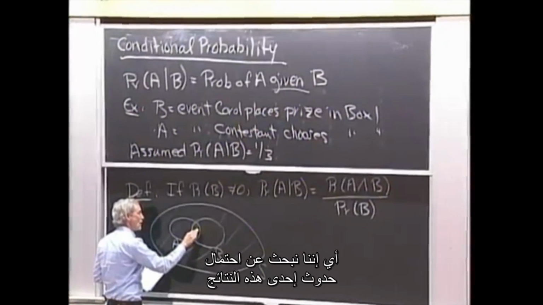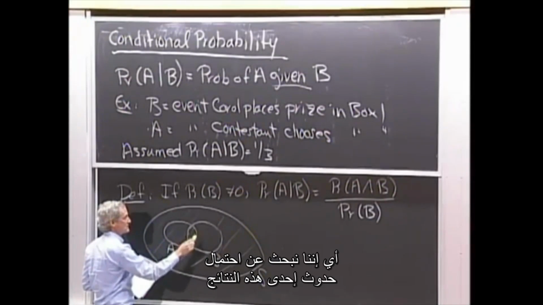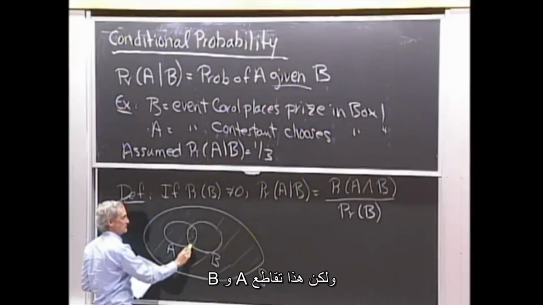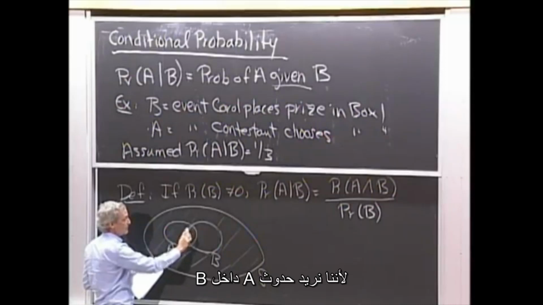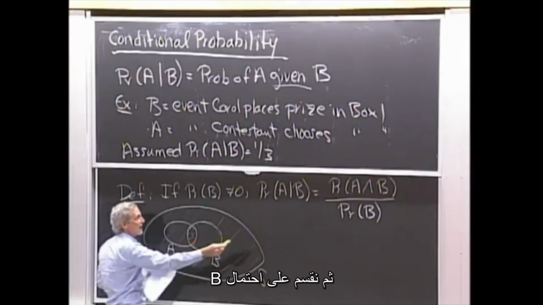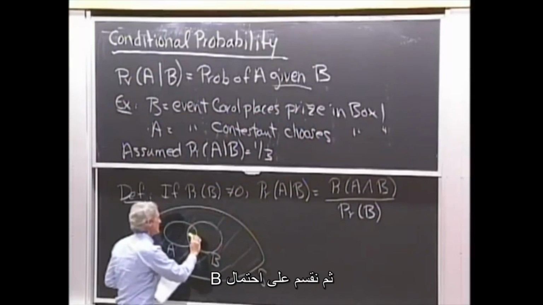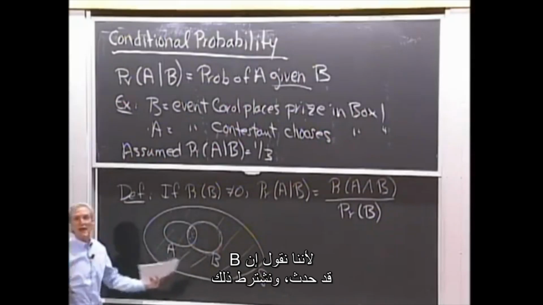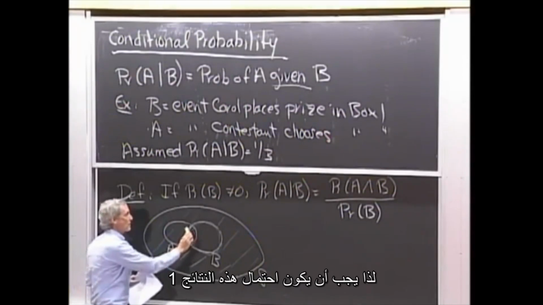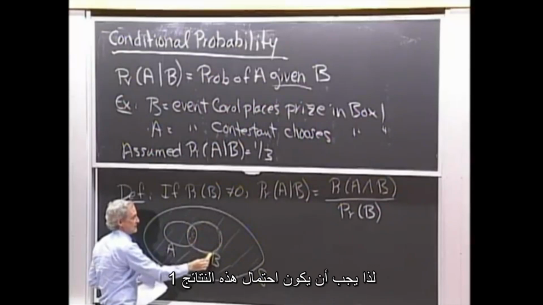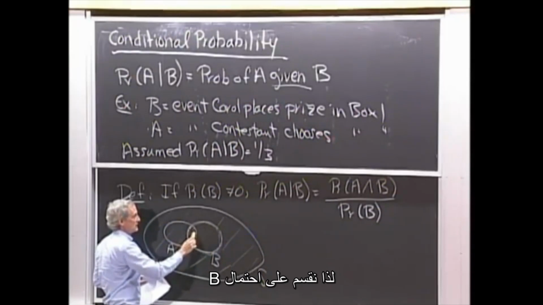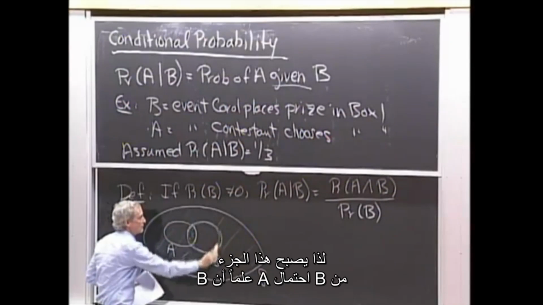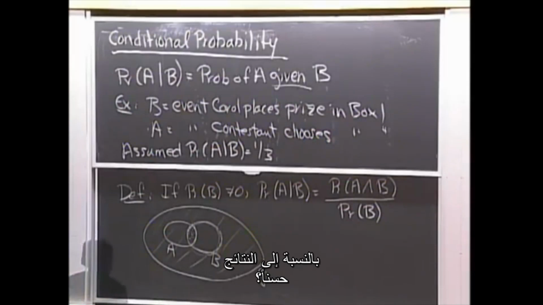Well, this is just A intersect B, because you still have to have A happen, but now you're inside of B. And then we divide by probability of B, so we normalize this to be probability 1, because we're saying B happened. We're conditioning on that. Therefore, the probability of these outcomes must be 1. So we divide by the probability of B. So we normalize. This now becomes the probability of A given B: this share of B, weighted by the outcomes. Okay?